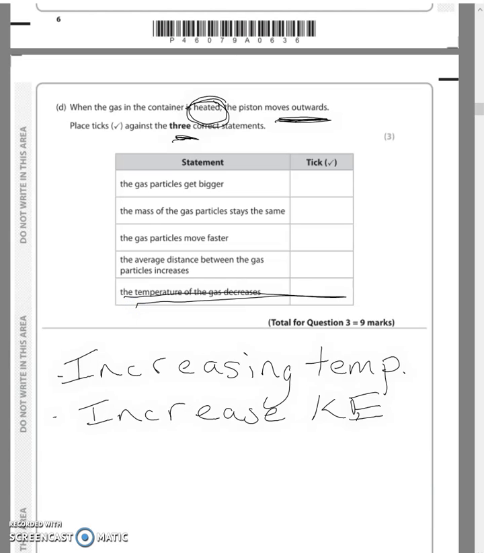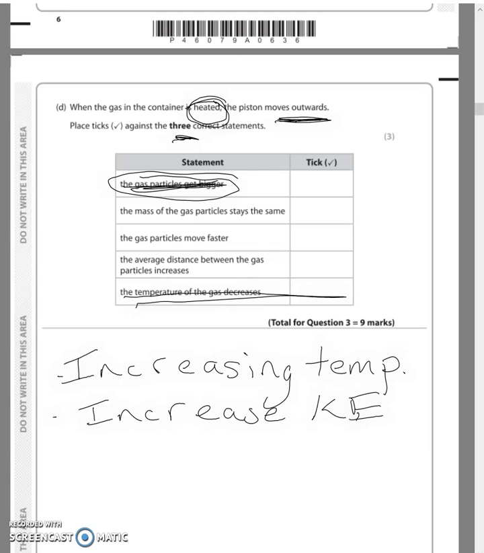Another one that shouldn't make any sense, hopefully, is this one here about gas particles getting bigger. In any kind of explanation about pressure or expansion, you need to remember that the particles stay the same size. It's all about them moving apart or moving more quickly. They don't actually change size. So we don't want that one. So it should be the other three that are correct.